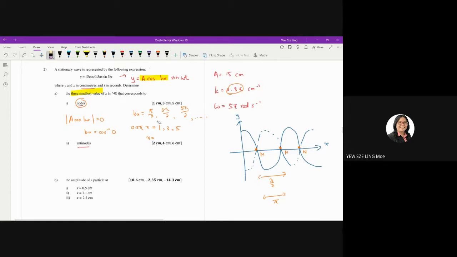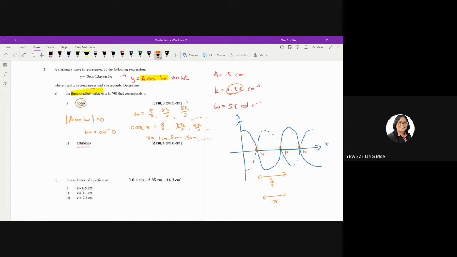So this one, I'm going to rewrite it first: pi over 2, 3 pi over 2, and 5 pi over 2. So 0.5 pi x equals to pi over 2, 3 pi over 2, 5 pi over 2, and so on. Rearrange the equation. X is then equals to 1 cm, 3 cm, 5 cm, and so on.